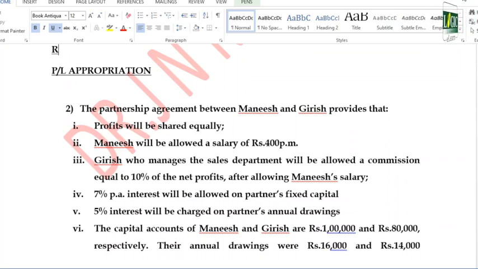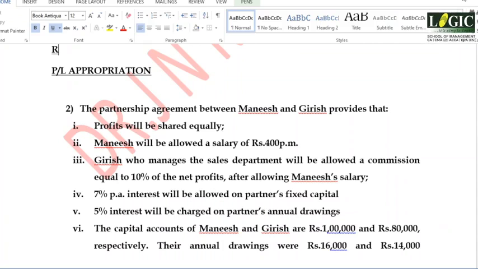Manish will be allowed a salary of 400 rupees per month. Girish manages the sales department, will be allowed a commission equal to 10% of the net profit, but that commission is after allowing Manish's salary. 7% interest will be allowed on capital, 5% interest will be charged on partners' drawings.